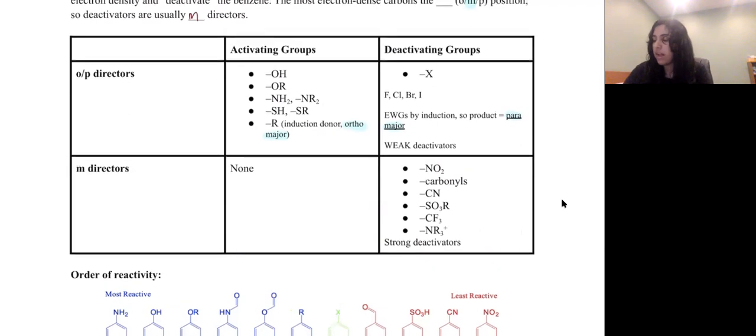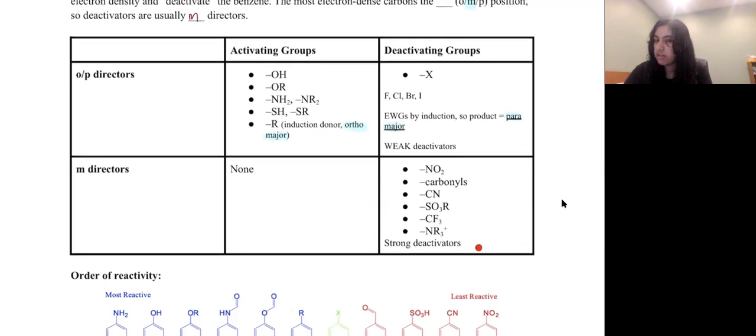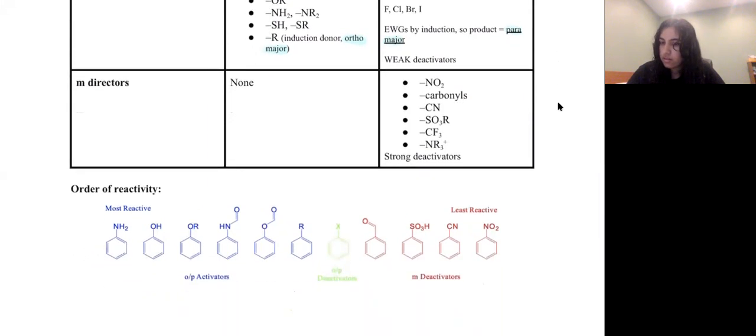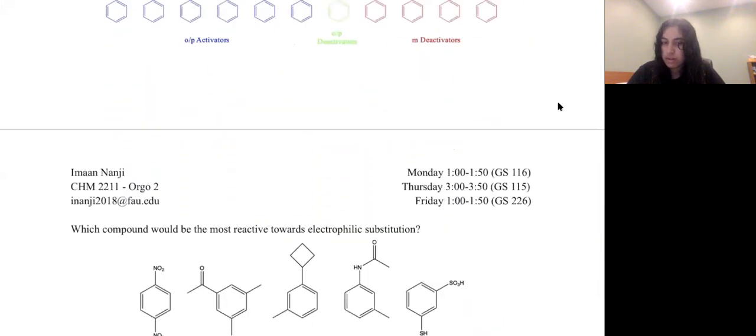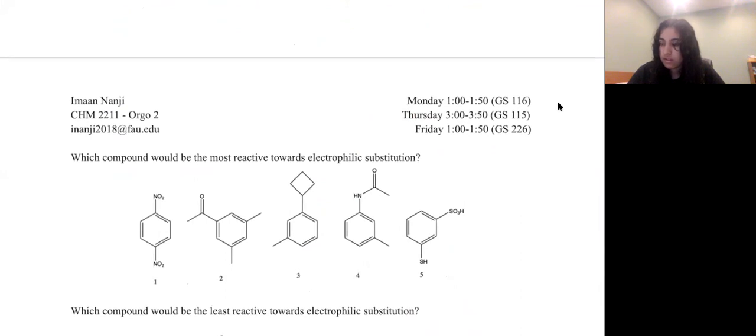So if you have a benzene that has any of these on it, you're not going to be able to do Friedel-Crafts. All right, so we're good to move on to practice problems for 15.